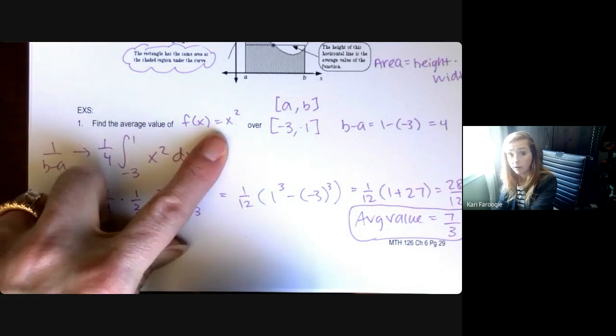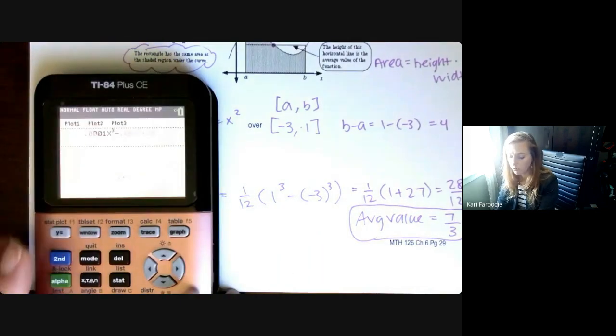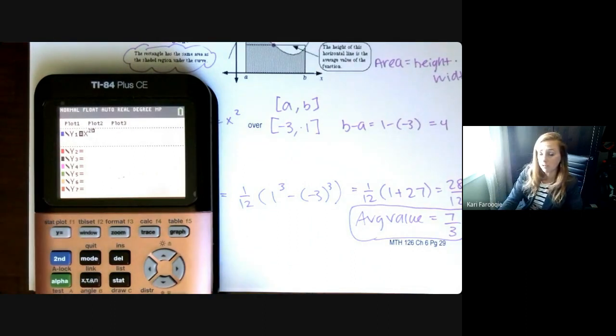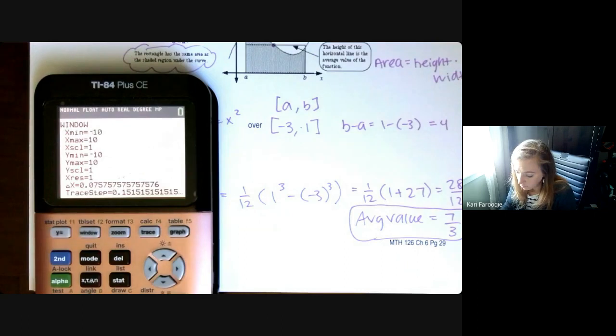So we're talking about x squared. So I'm going to go to my y equals, and I'm going to just enter x squared. Hopefully this graph is very familiar to us. And I'm only really going to look at this on the window from -3 to 1. So maybe I'm just going to go from -3 to 1 on my graph. I know that if I'm talking about x squared, I'm just taking my x and squaring them.